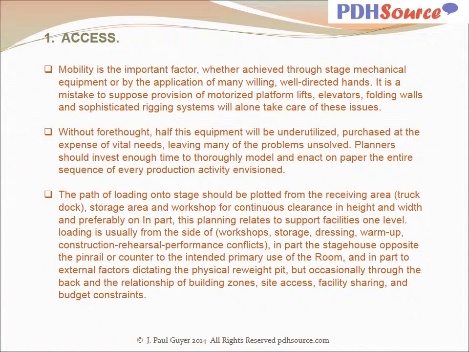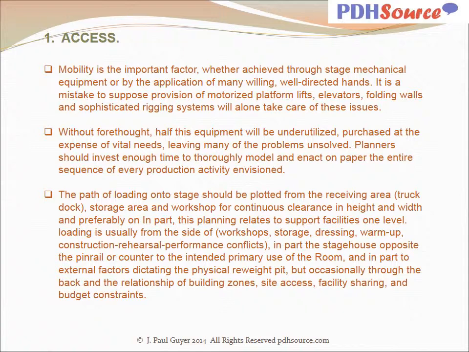Planners should invest enough time to thoroughly model and enact on paper the entire sequence of every production activity envisioned. The path of loading onto the stage should be plotted from the receiving area, truck dock, storage area, and workshop for continuous clearance in height and width, and preferably on one level.